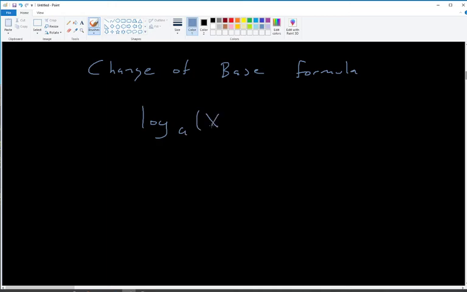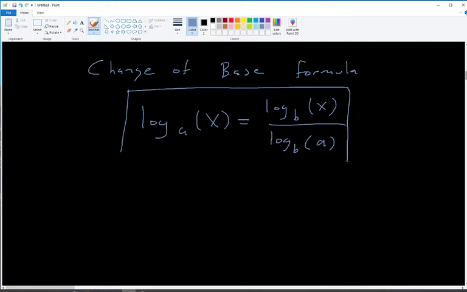So if we have log base a of x, that equals log base b of x over log base b of a. So when you want to convert a logarithm of base a to logarithms of base b, what you guys do is you get logarithm of the new base of the parentheses part divided by logarithm of the new base of the old base. So this is our change of base formula.